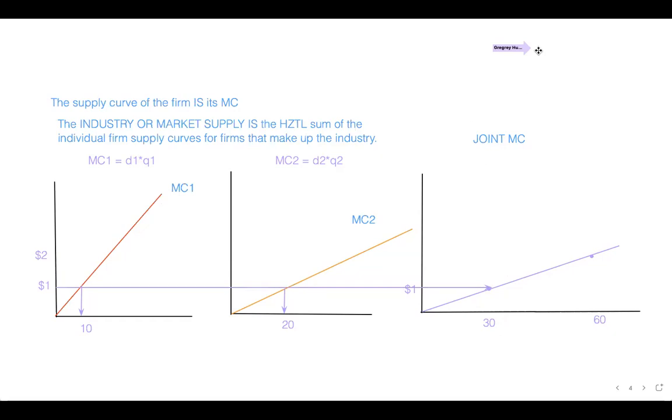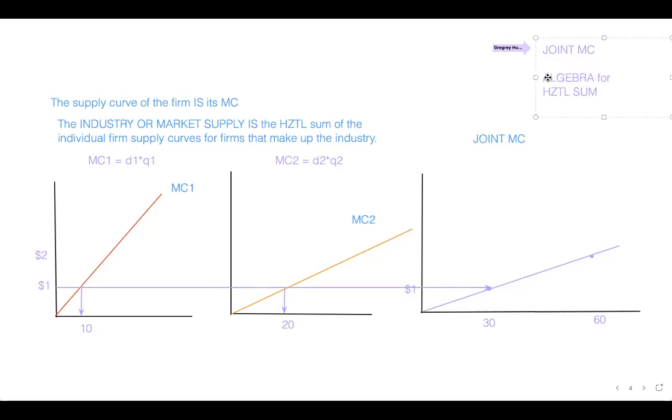And this is one of the things that I go over in the lecture, but I'll just say it really quickly here and end with it. For the joint MC, you have to use algebra for the horizontal sum.